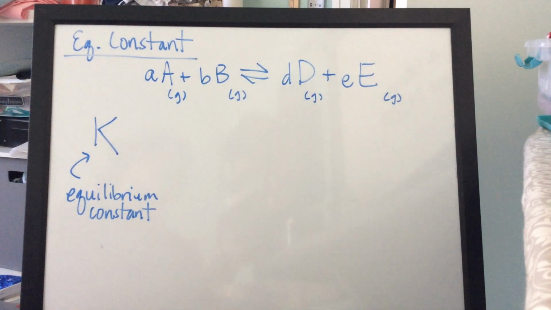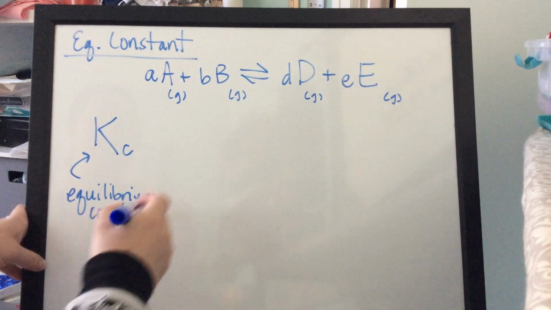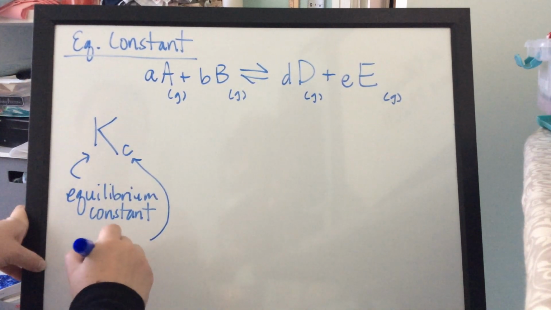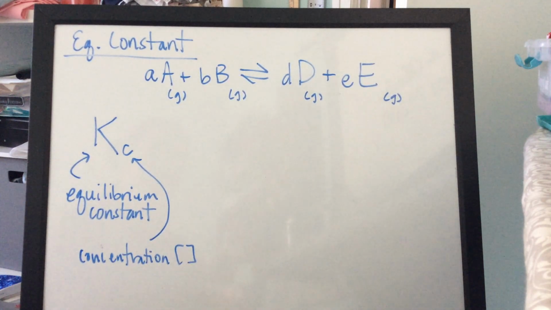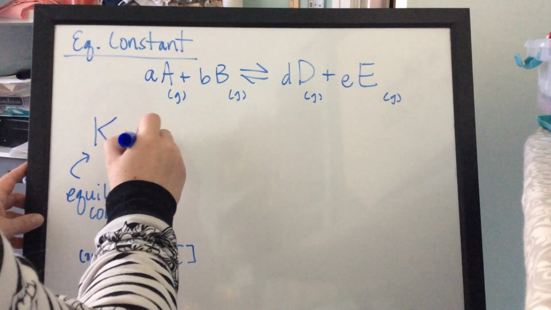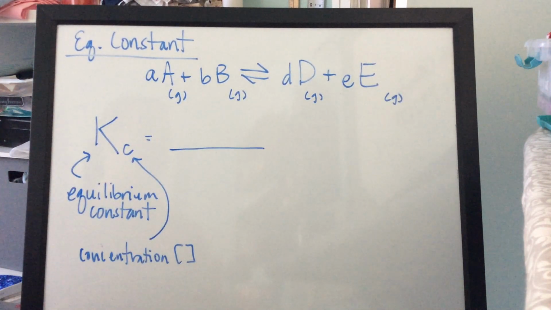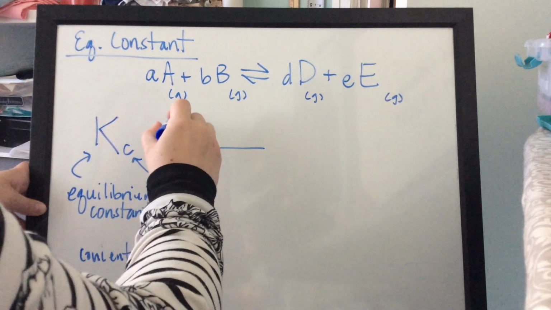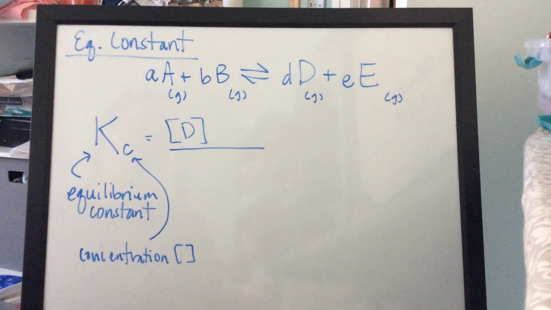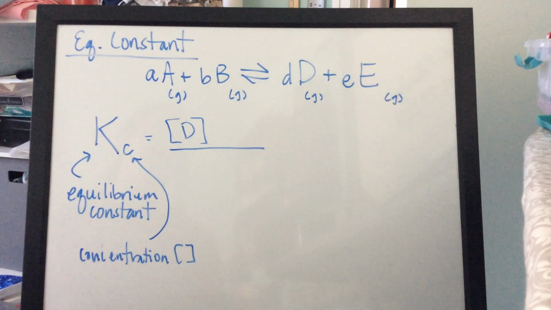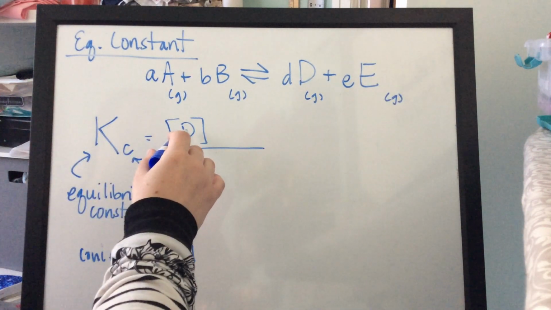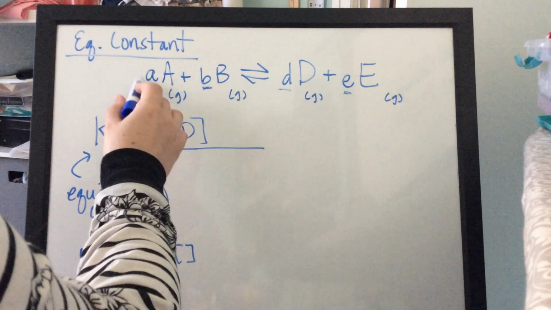And the first K we're going to learn about is a Kc. Okay, so it's a capital K with like a sub C. And that C stands for concentration. So this equilibrium constant deals with molarities, okay? And so the way we write an equilibrium constant is the products over the reactants. And so it would be the concentration of my product D. And this is where equilibrium constant, capital K, differs greatly from rate constant, lowercase k, because the powers on these concentrations are exactly the coefficients, okay?